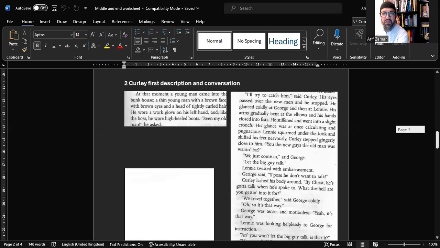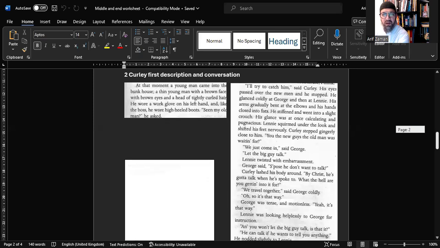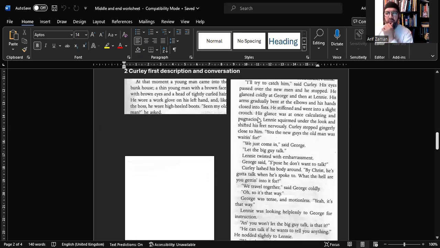Curly's first description and conversation. Now I know with the boys I've covered this. With the girls, I can't quite remember. What you notice is that there is a description happening here of Curly, and then it carries on over here, although there's a little bit of a dialogue beginning.